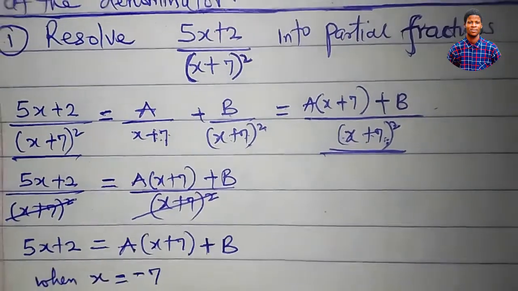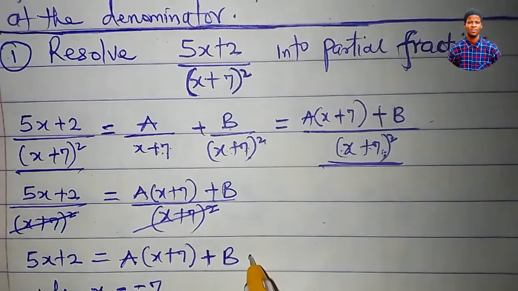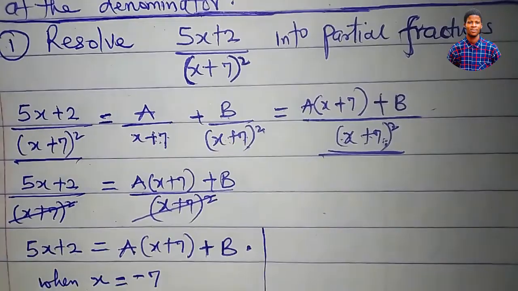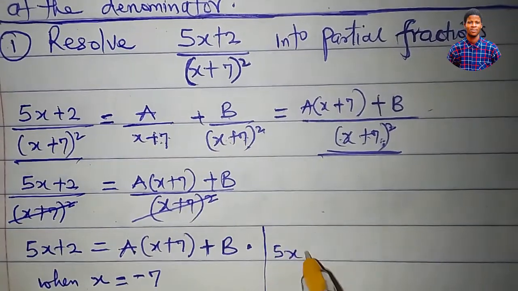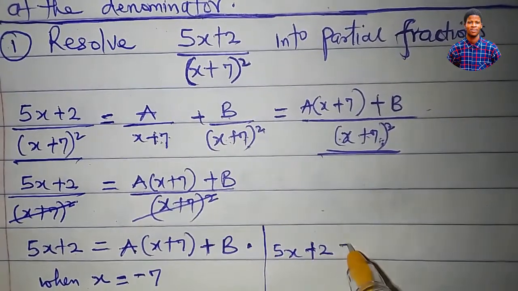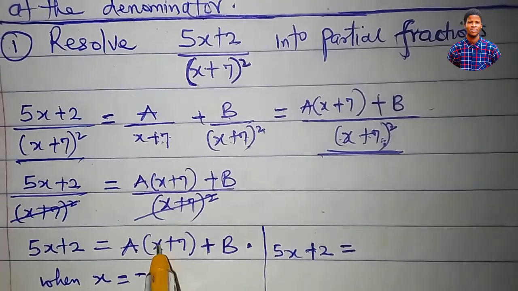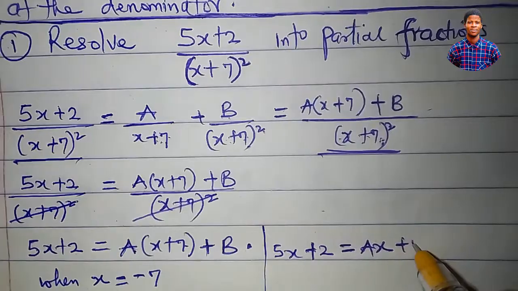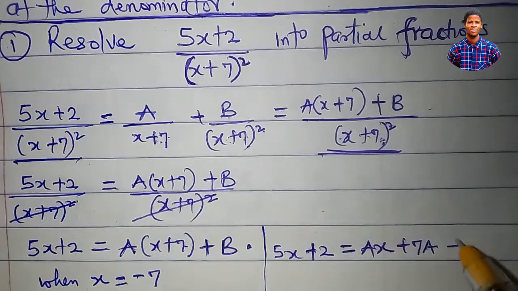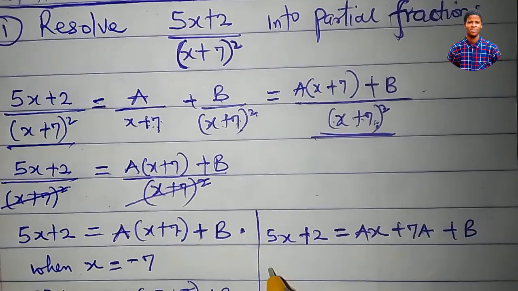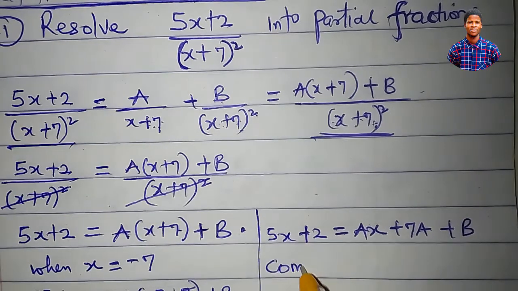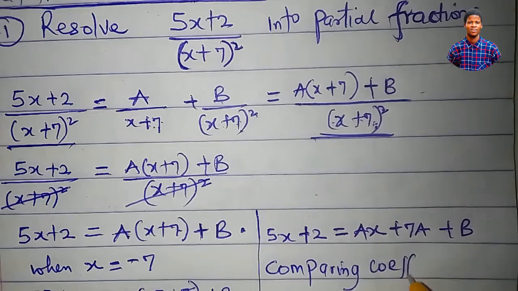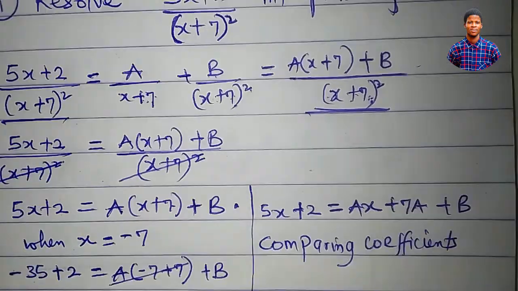Okay, see what we are going to do to get a. From this same equation, let's expand it. Just watch. Let's expand it. We have 5x plus 2 is equal to a times x is ax. a times 7 is what? 7a. Then plus b. We will now do what we call comparing coefficients. Watch this.